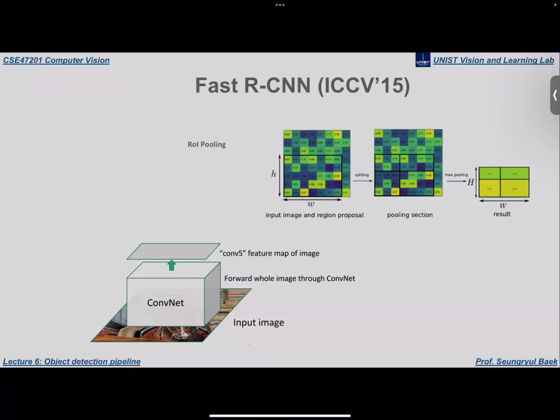And we also learned about the fast RCNN algorithm. This algorithm is faster than RCNN by reducing the number of CNN applications to just one.